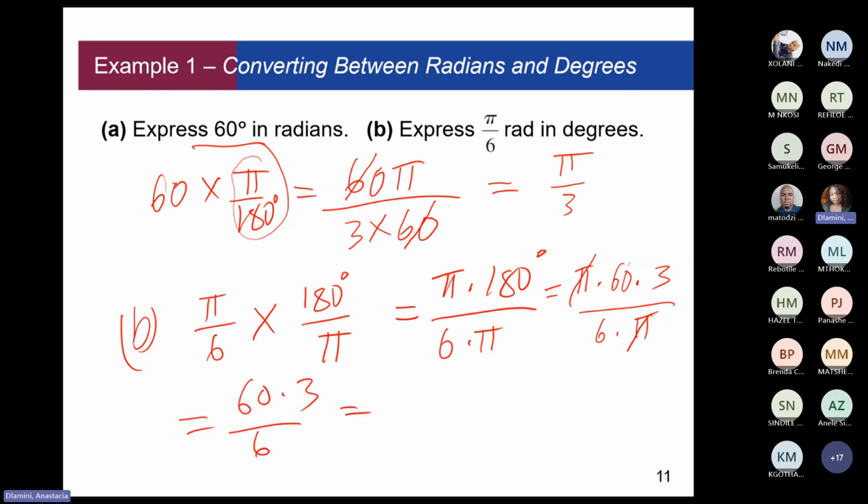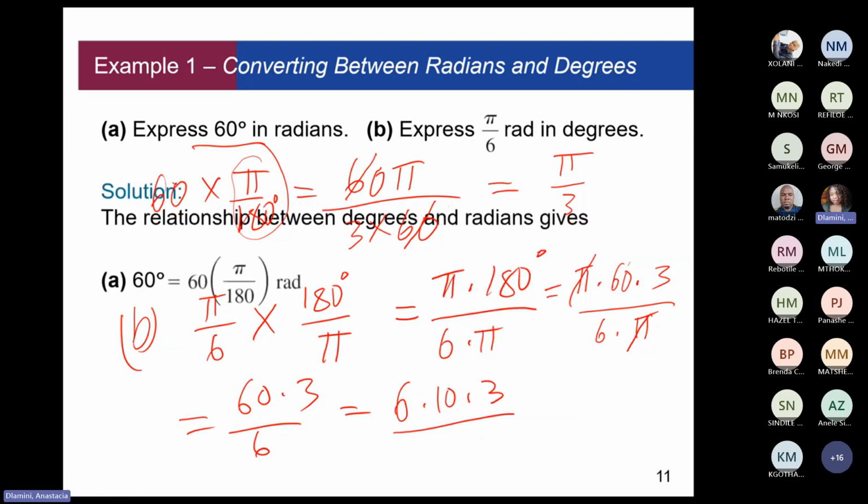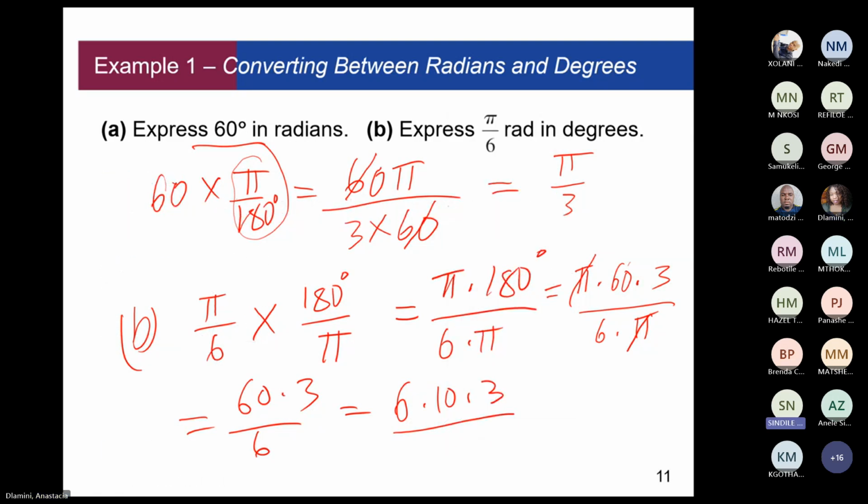And 60 times 3, you can also write as 6 times 10 times 3 over 6, and that 6 and that 6 cancel. It means you have 10 times 3, so that's 30 degrees.